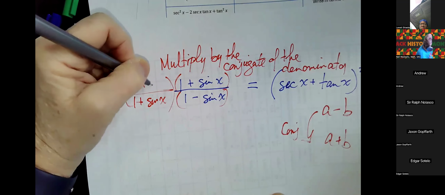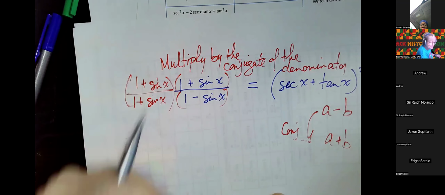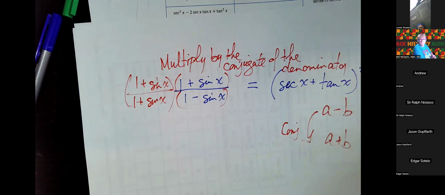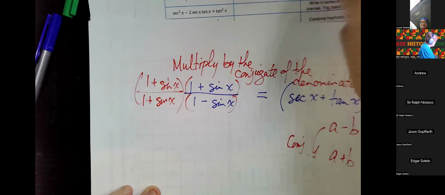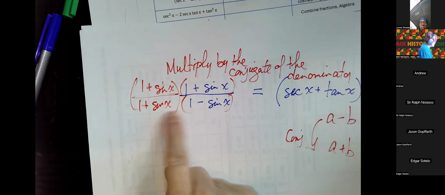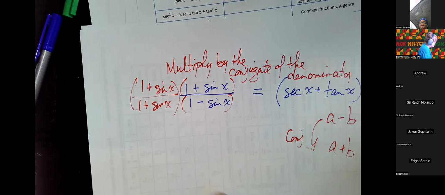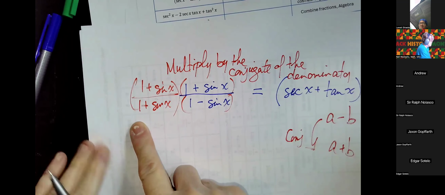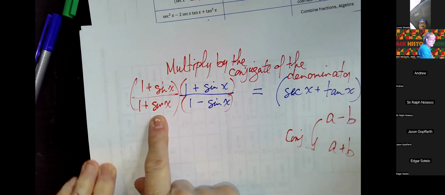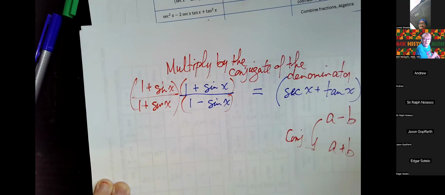And as long as I multiply the numerator by the same thing, am I good? Yep. And you might notice that this is indeed a step that we took before. We struck out a 1 plus sine x over 1 plus sine x, and now we just put them back in.